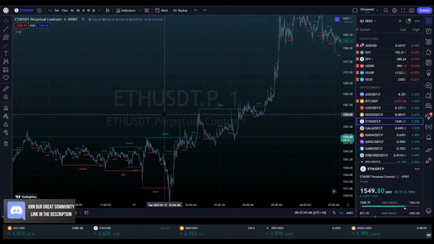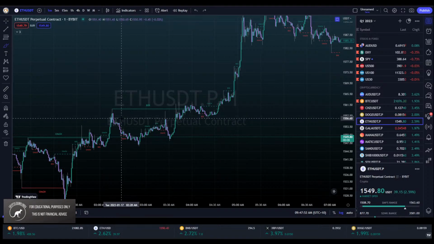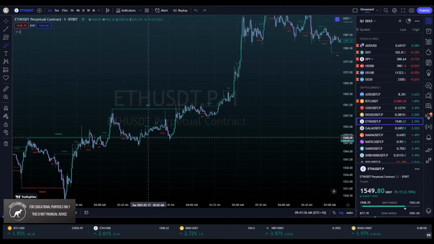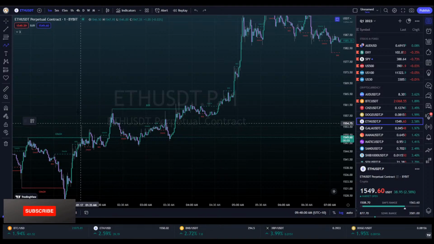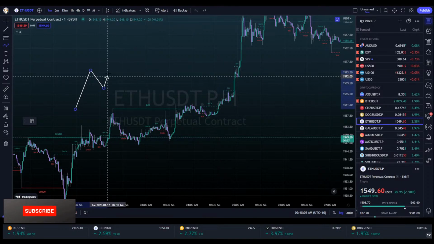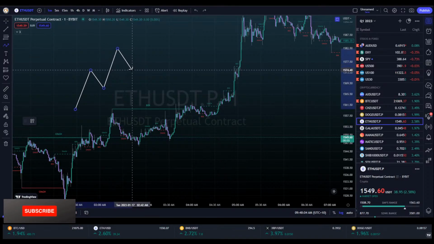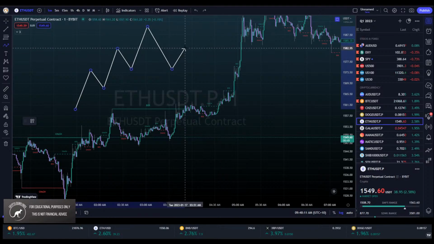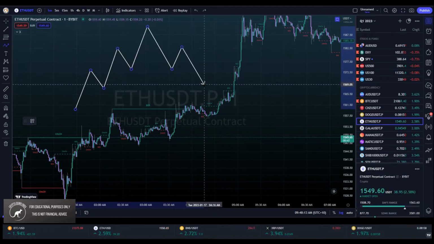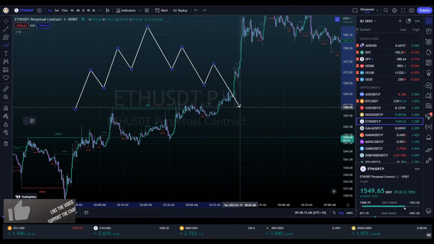What you want to find first is something called a change of character. So a COCH, a change of character, turns an uptrend into a downtrend. So this is an uptrend, right? And then let's say it was a head and shoulders change of direction, downtrending, right?